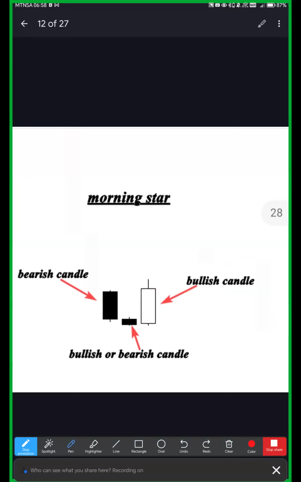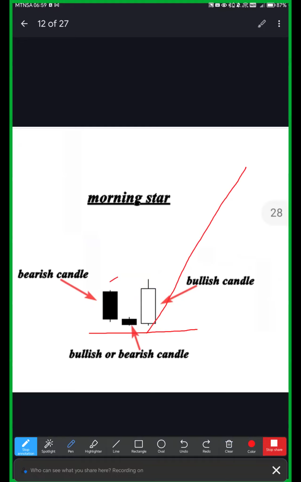The third candle should be a bullish candlestick. So if this combination comes this way, it means buyers are preparing to take their ball from sellers to push the market to the top.